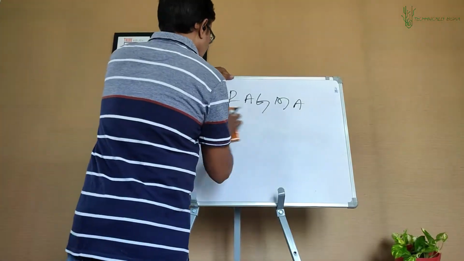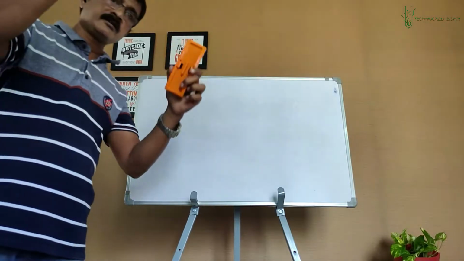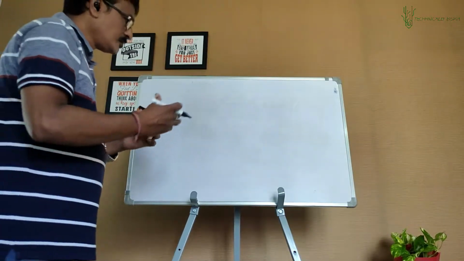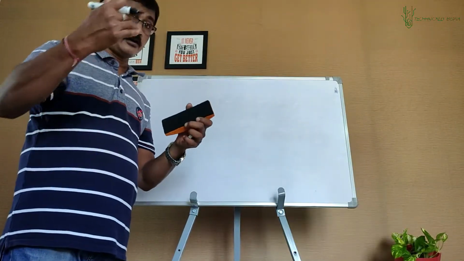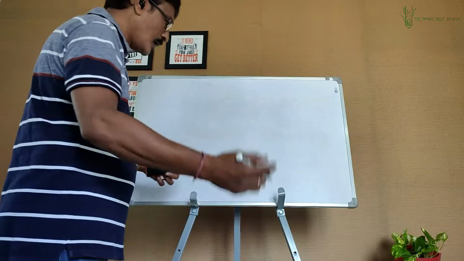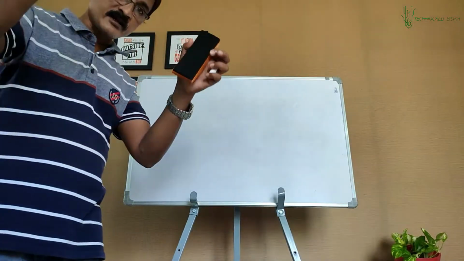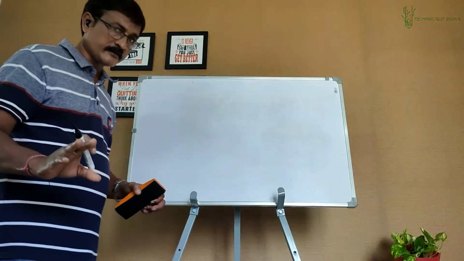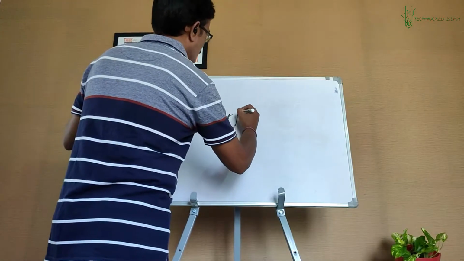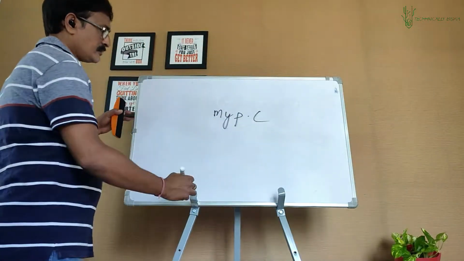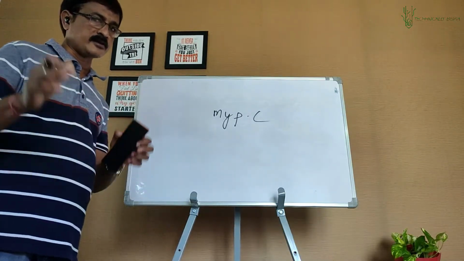Okay. Now #pragma is used for many things. Let's start with two of the features, two of the facilities with #pragma. Normally what happens when we execute a program, it starts executing from the main function, isn't it? Let's say I have a program myp.c. When I execute myp.c, whatever code is there inside will get executed.